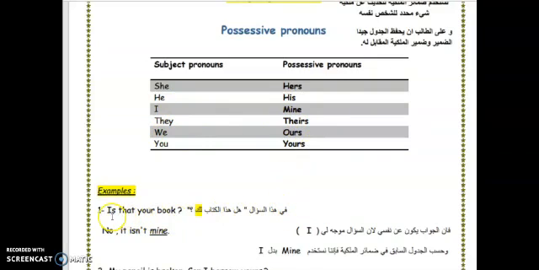Now look at this example. Is that your book? هل هذا الكتاب لك؟ So here, my student, you have to answer about yourself. يجب أن تجيب عن نفسك.